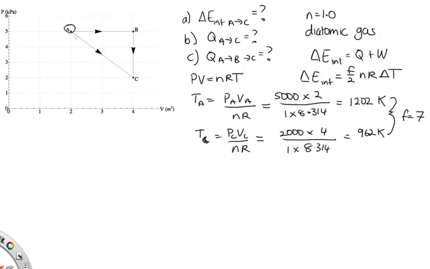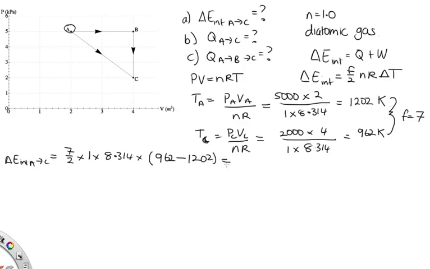Now, the temperature at A is higher than the temperature at C, which tells us that the internal energy is actually decreasing. So the change in internal energy from A to C is equal to F over 2, so that's 7 over 2, times n, which is 1, times R, 8.314, times the change in temperature, which is the final temperature minus the initial temperature.